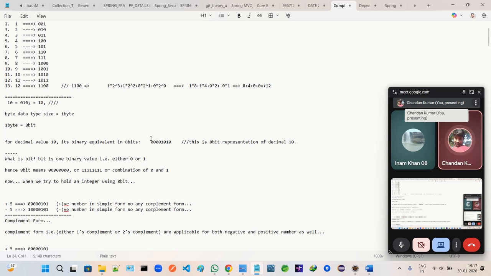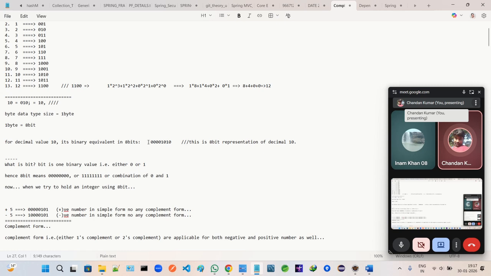You won't have the number directly as minus 10 or plus 10; you will have the value at memory level in binary form, and by looking at those binary numbers you have to tell whether the number is negative or positive, because at the hardware level the value is stored in binary form itself, isn't it?